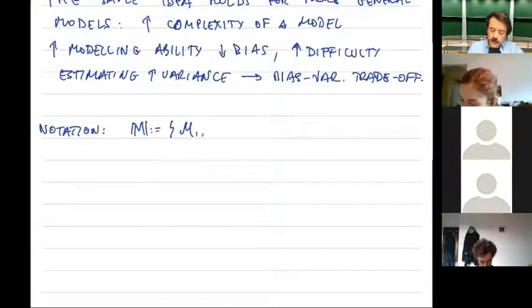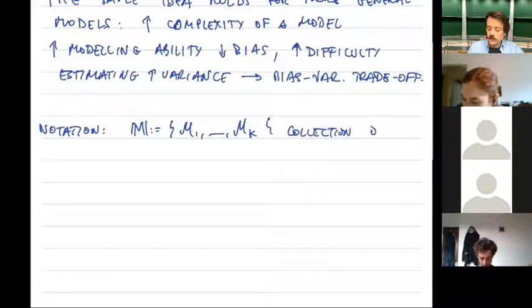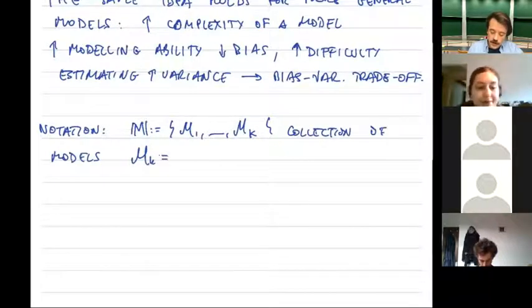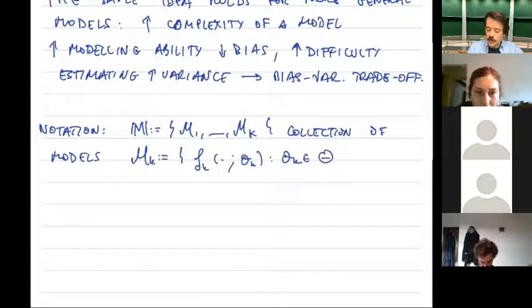So this is M1 up to some M capital K, where each of them, M lowercase k, we can write as some Fk. So this is some PDF, for instance, f of theta k, where theta k belongs to some parameter space. Note that I'm allowing even the parameter space to vary with each model.